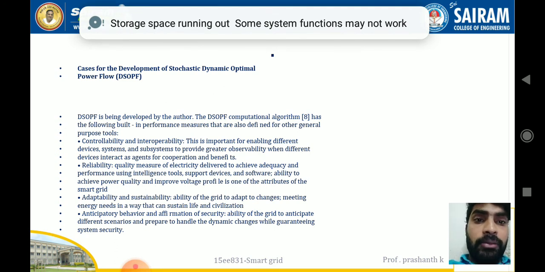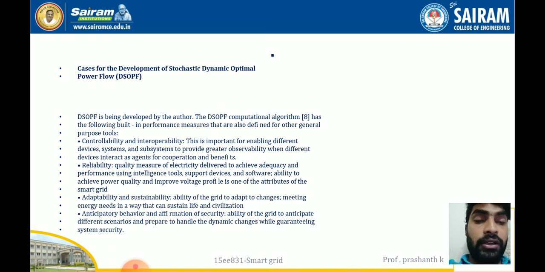So next there is adaptability and sustainability. Sustainability and adaptability are the major concepts in the smart grid. It is the ability of the system, the grid, to adapt to changes, meeting energy needs in a way that can sustain life and civilization. So whatever we are generating, that should be adaptable, sustainable, and it should be reachable to the customers.